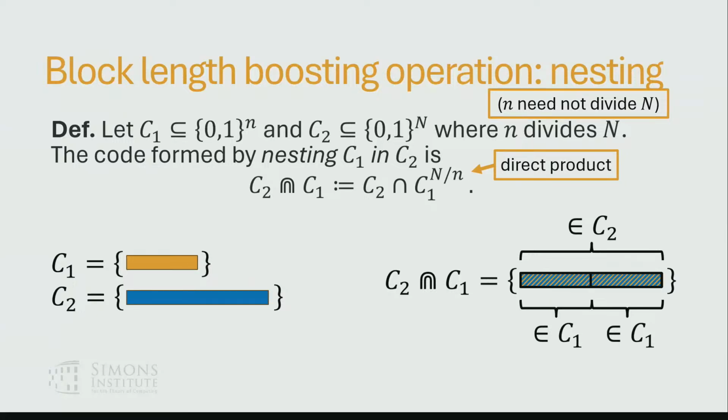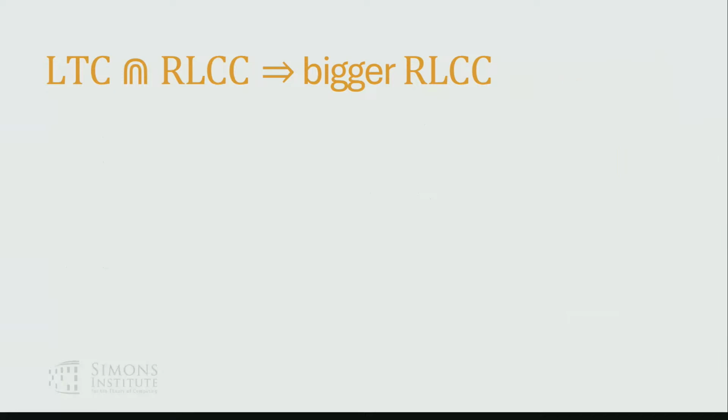Right, so why is this useful? The key lemma is that if you were to nest the smaller RLCC into a larger LTC, then you get a larger RLCC. And once you have this, you can iterate to get arbitrarily large block length.